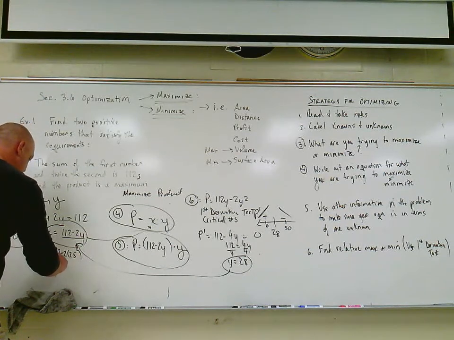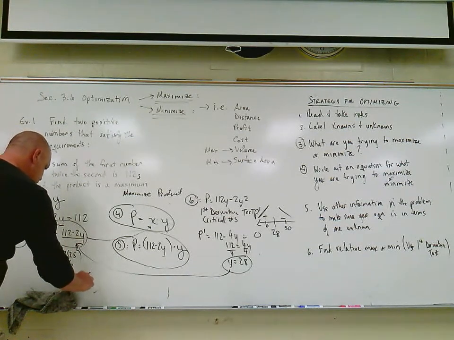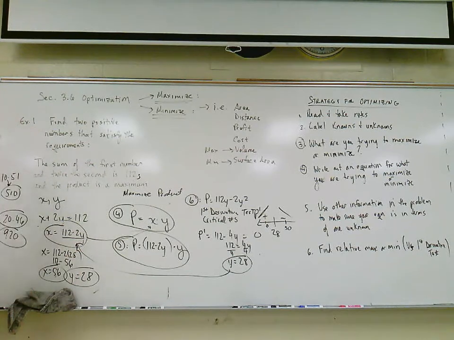So 112 minus 56, which should be 56. So x is 56, y is 28, and those are two numbers whose product is a maximum. And they satisfy this little condition here. And that's your first problem.